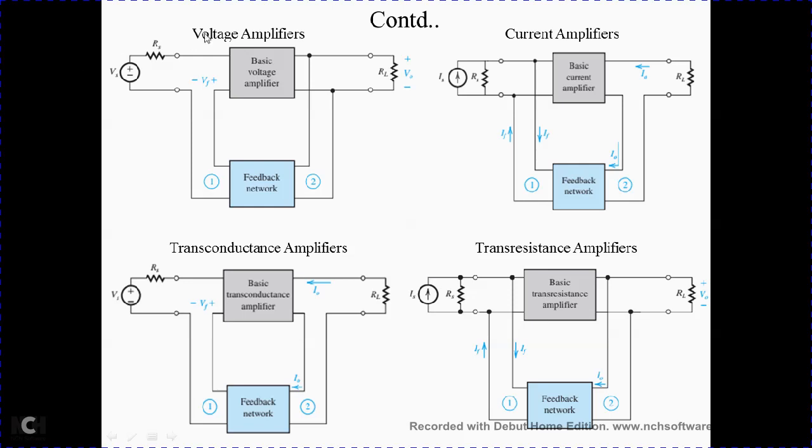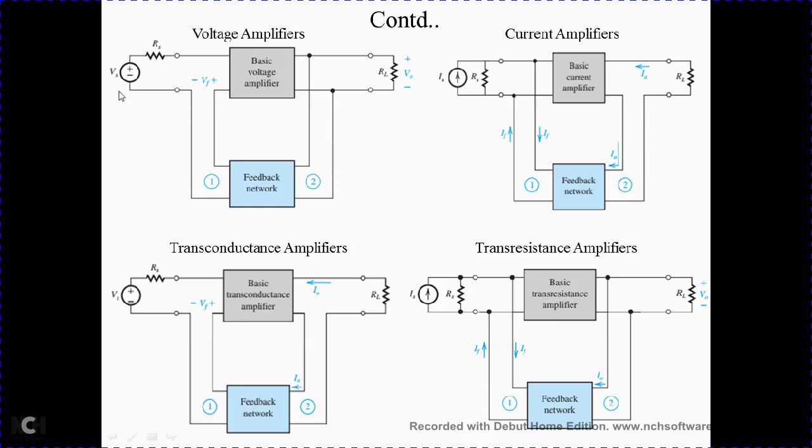In this voltage amplifier the input is a voltage and what we sample is also a voltage, so it is a voltage amplifier. It is also called a series shunt feedback amplifier.